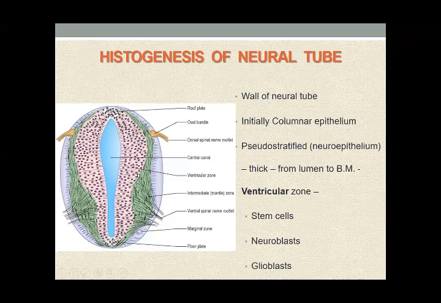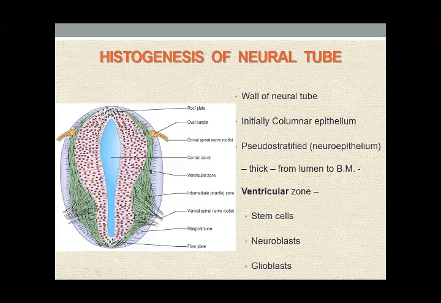The innermost layer, which is a lining of pseudo-stratified epithelium, is called the ventricular zone. It is lined by different types of cells, namely the stem cells, the neuroblasts, and glioblasts. Mainly three types of cells line the neural tube.